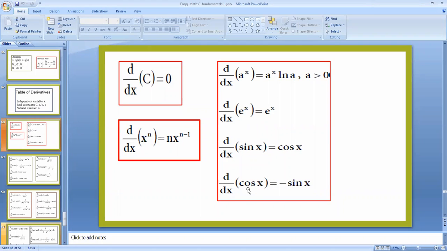Do you know the formula of cos x in terms of exponential? Yes, anyone? That I have already told you. What is that formula in terms of exponential? Fifteen minutes before you have seen the same.